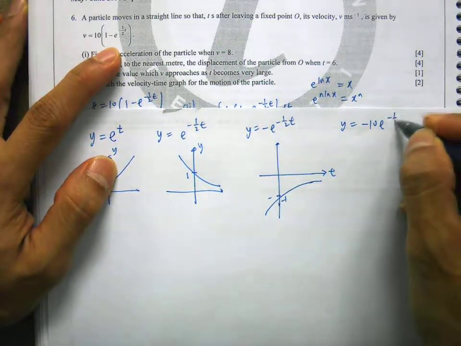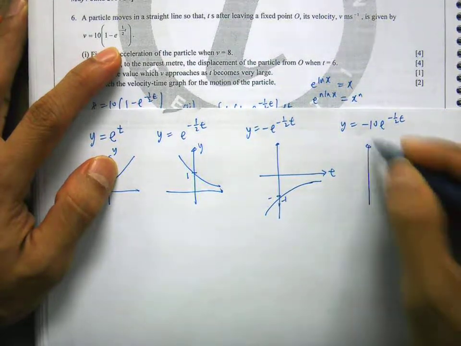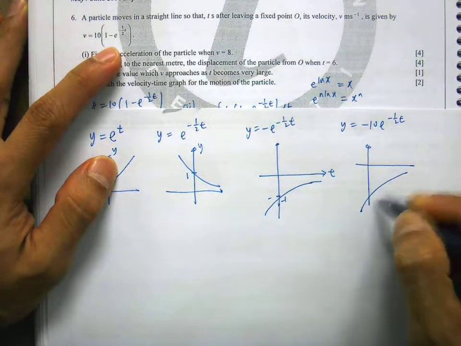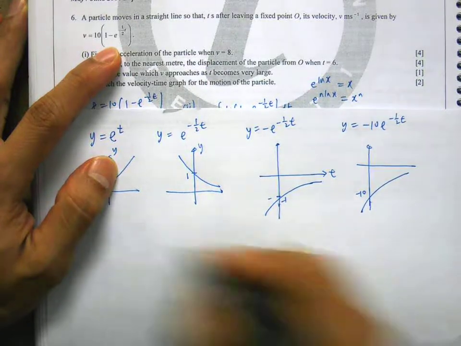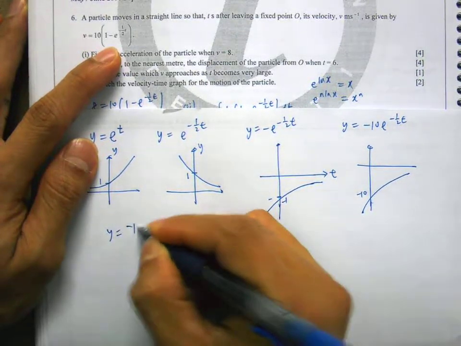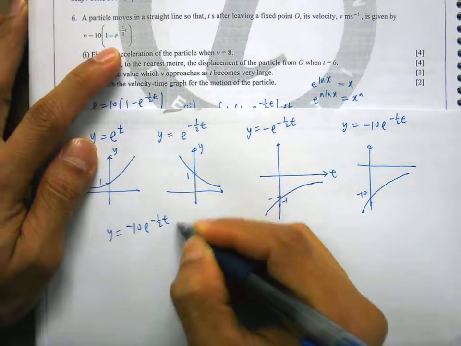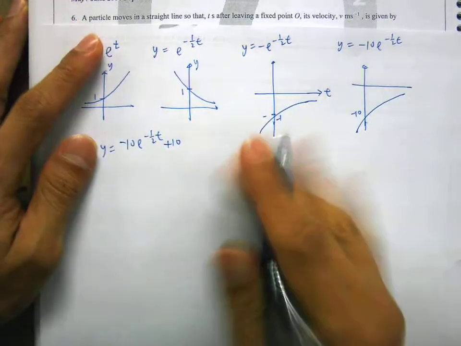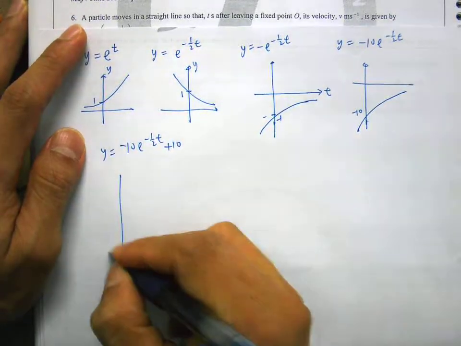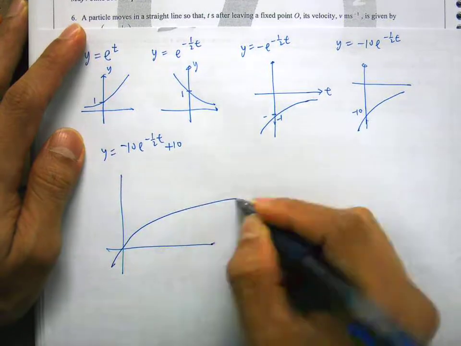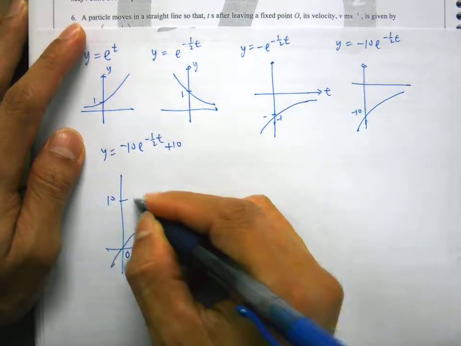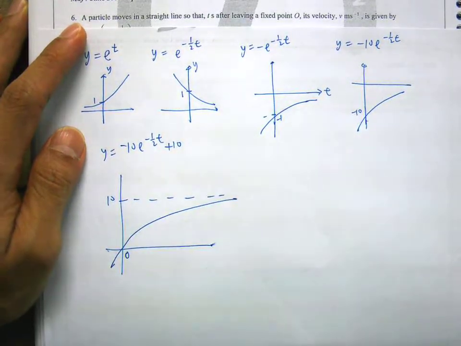We have 10 here. What happened? Intercept at negative 10, right? And what if I have minus 10 e to the minus half t plus 10? Basically I shift up by 10, it will intercept at 0, and this would be 10. That's how the graph should look like.